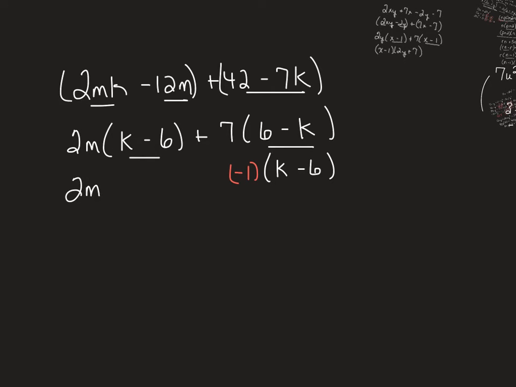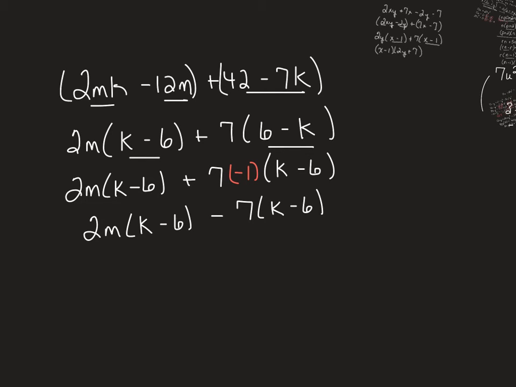So we have 2m times k minus 6 plus 7 times negative 1 times k minus 6. Let me go ahead and rewrite. This becomes a minus 7 times k minus 6. In other words, if we factor out a negative 1, the sign of both terms of that binomial change to the opposite. So now k minus 6 is what's common to both, and we're left with 2m minus 7.